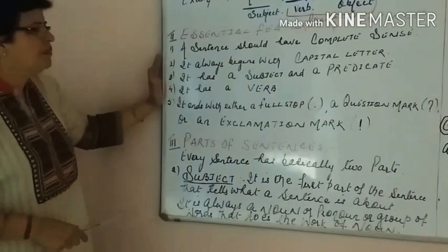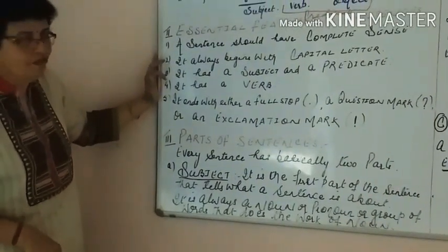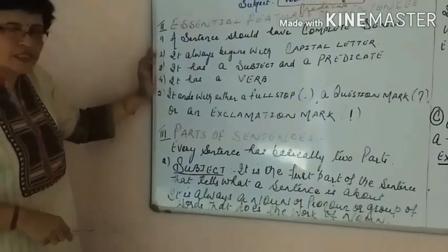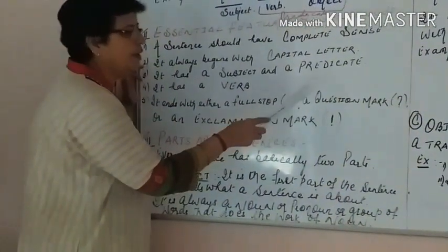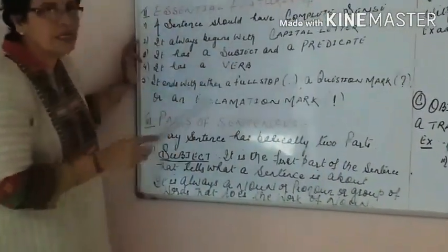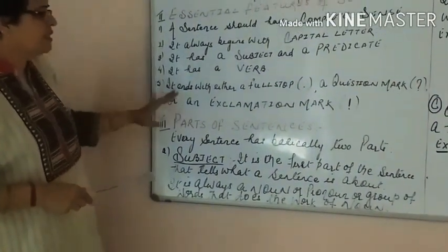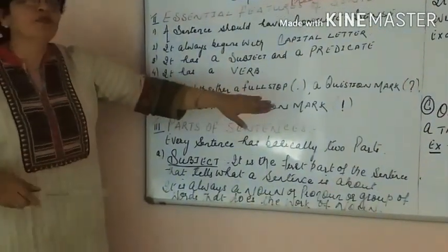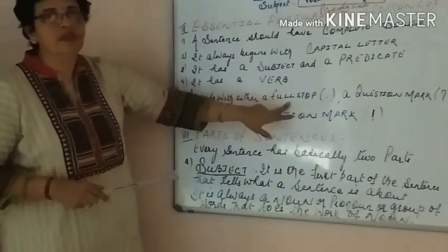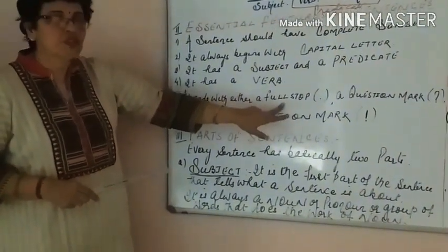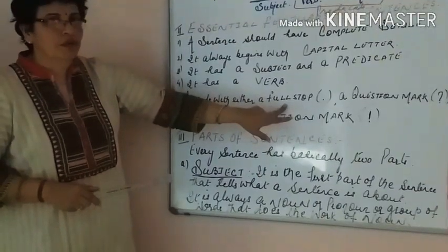Now it ends either with a full stop, we have to take it very carefully. It always ends with either a full stop or a question mark or an exclamation mark. I can clearly explain this with the help of sentences. For example, I teach English.